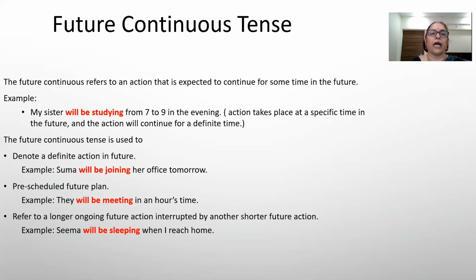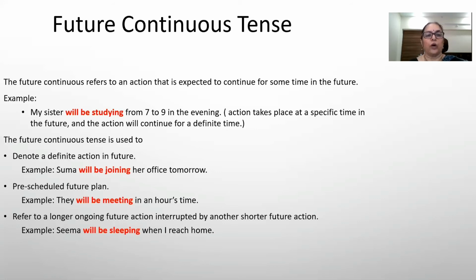Now, the future continuous tense is used, one, to denote a definite action in future. Suma will be joining her office tomorrow. So you are talking about a definite action that will definitely take place. And pre-scheduled future plan. They will be meeting in an hour's time. That is the future plan.